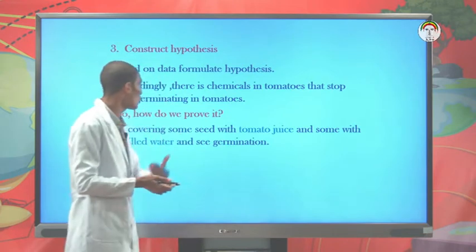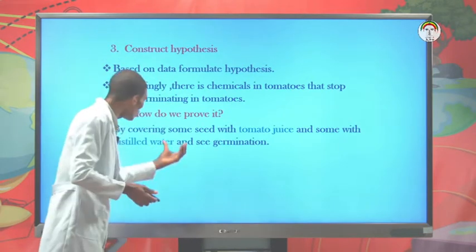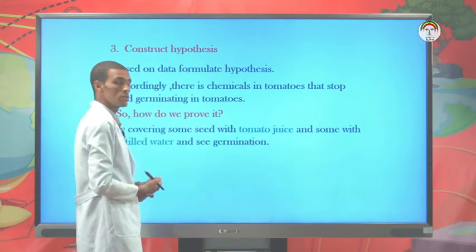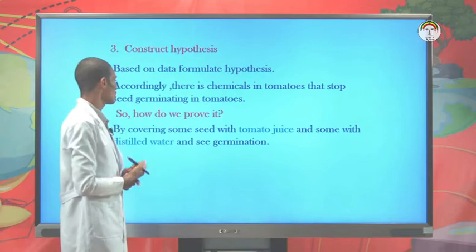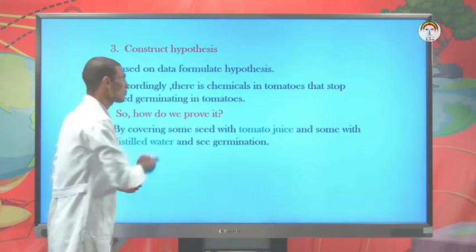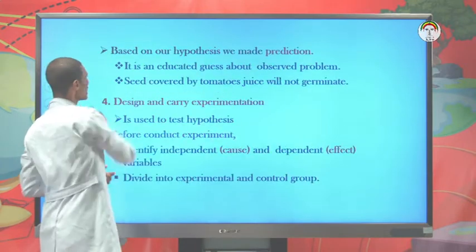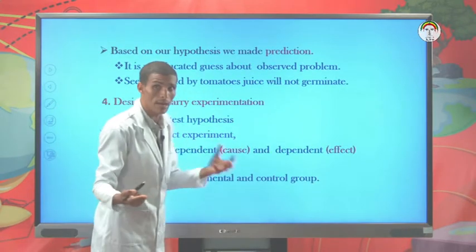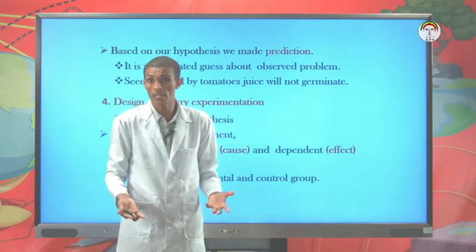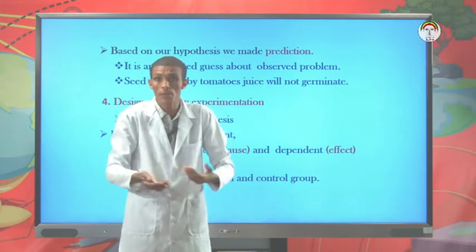We must have a control group here, a jar that contains seeds covered with tomato juice, and seeds covered with distilled water. This is the tentative explanation. Then, based on the hypothesis that was constructed, we predict our answer or outcome, a result that can be obtained.